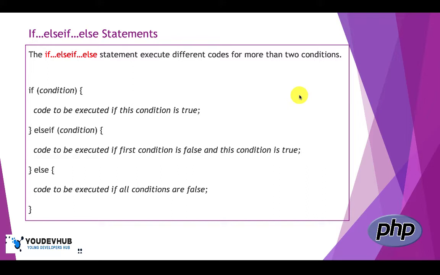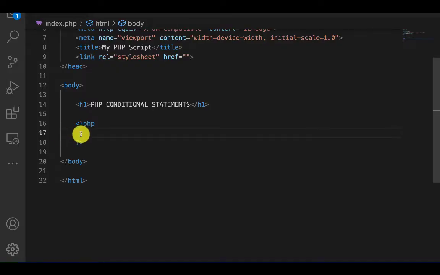An if, else if, else statement is used when you have more than two conditions, mostly three conditions, to execute. Okay, we go through the browser and the text editor now, and we can see what we're talking about. Coming to our text editor, we have a variable called score, which is equal to a certain number which we'll fill in later.